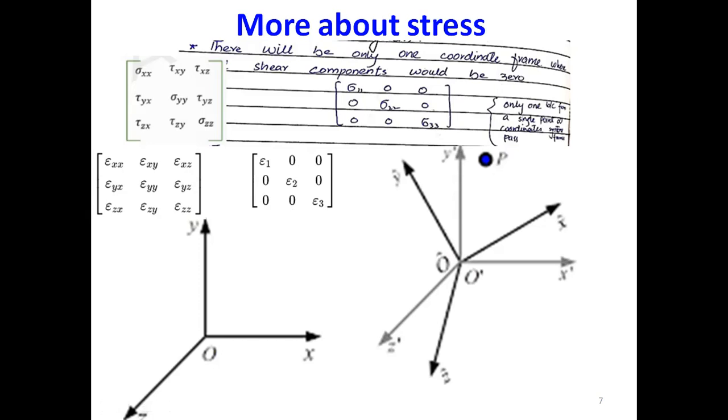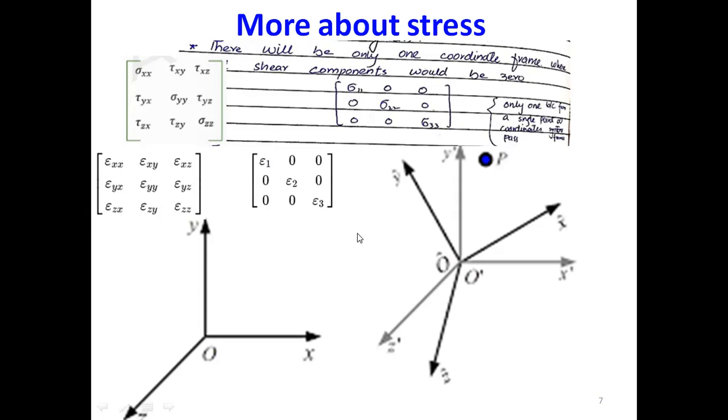So normally when working with stress and strains, it is very, very important that we should know the orientation of the principal axes, or the principal coordinate frame, and we should also know the principal stresses and principal strains. That is very important.